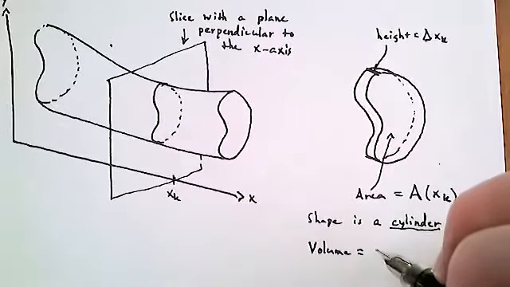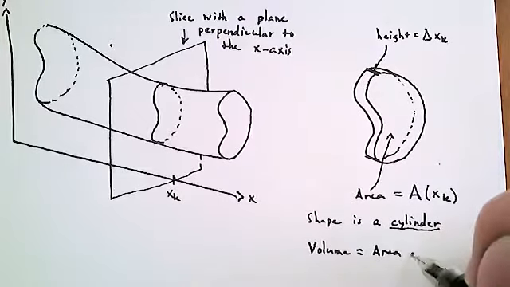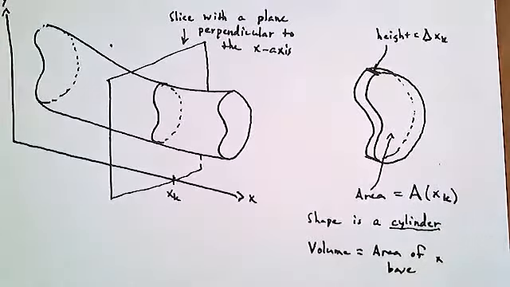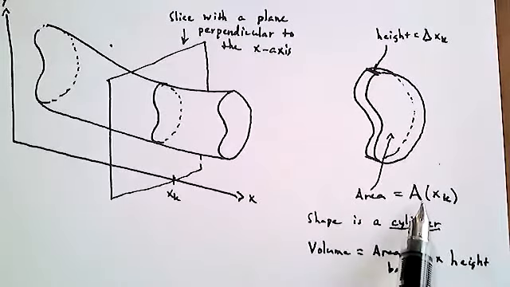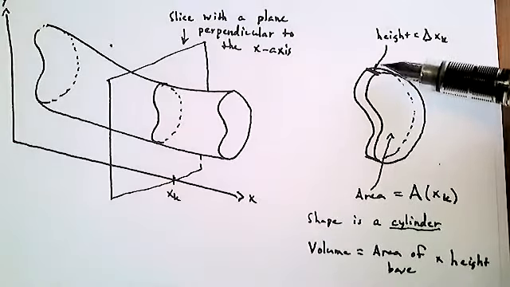It's the area of the base times the height. So going to the picture, if I wanted to find the volume, I would take my function for the area, A of x_k, and multiply by this little height.